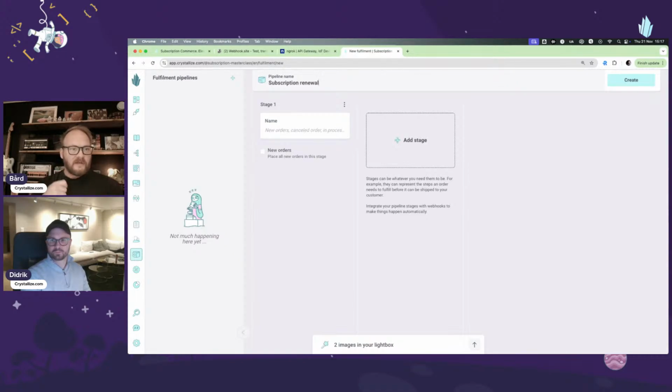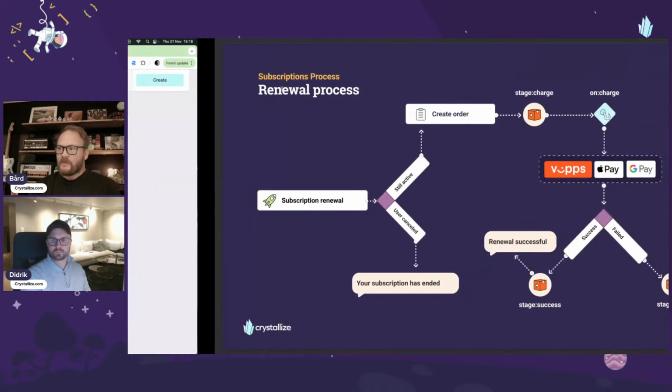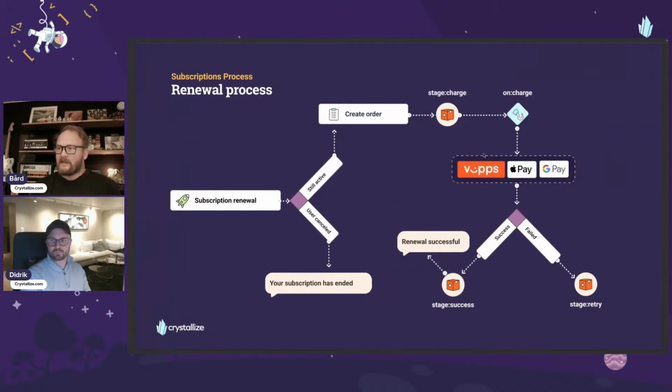So this is a collection, it could be fulfillment, depending on the flows you want to manage. In this case, we're looking at the flow that has a charge, a retry, a success, and then let's add failed also.